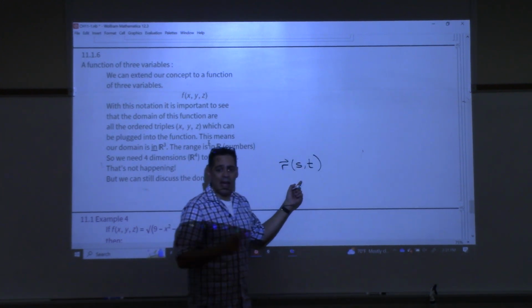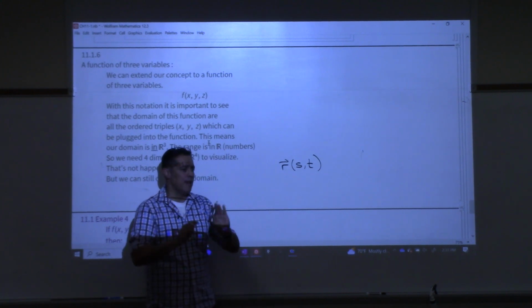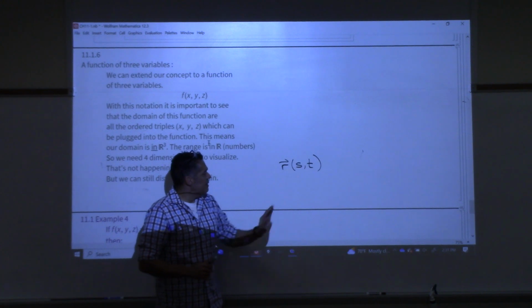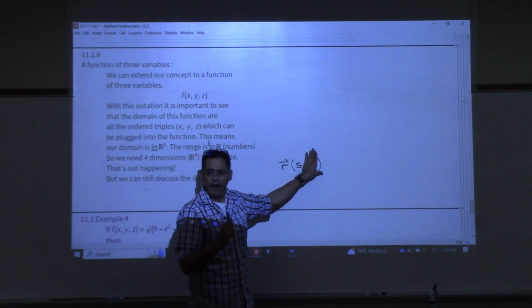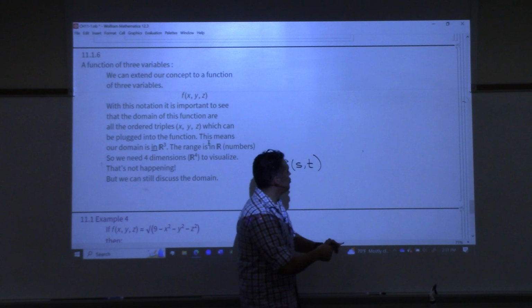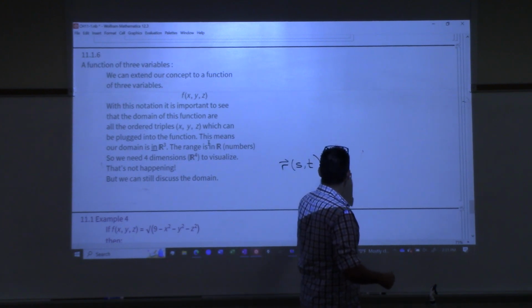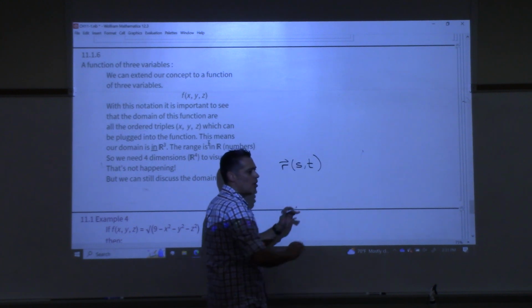If I'm telling you that I can draw a plane using this, what you can look at is that a vector function of one variable draws curves, doesn't it? Curves. So I'm basically going to draw curves in one direction, and then cover that up, and I'm going to draw curves in another direction.